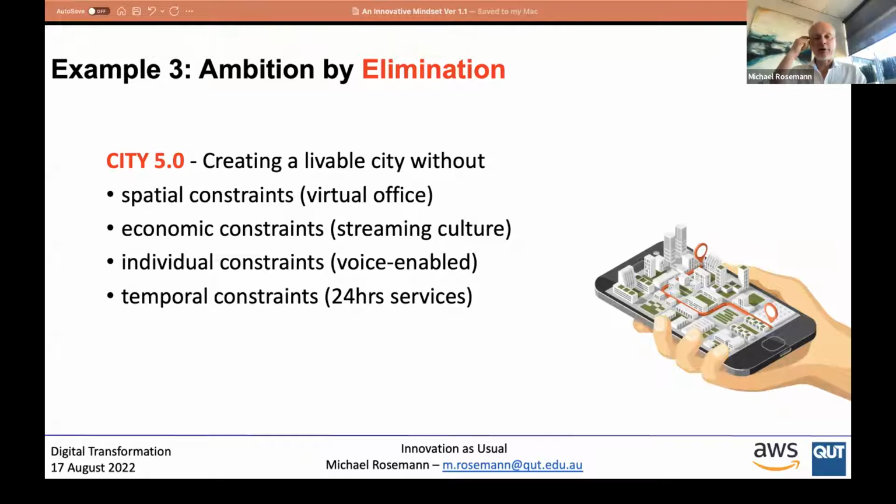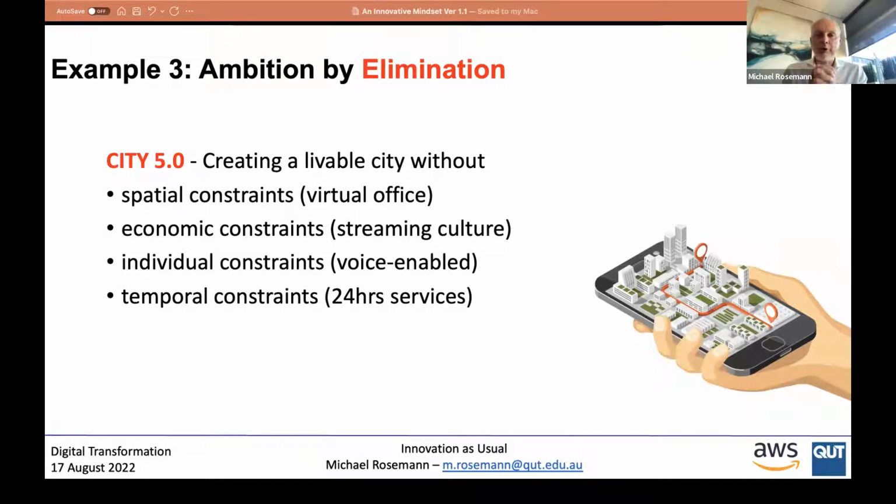If you are visually impaired, voice-enabled services allow you, independent of your personal constraints, to access government services. And maybe you don't have to be there by 5 p.m., but with an environment of robotic workflows, chatbots, and other solutions, we're able to provide services without any time constraints.